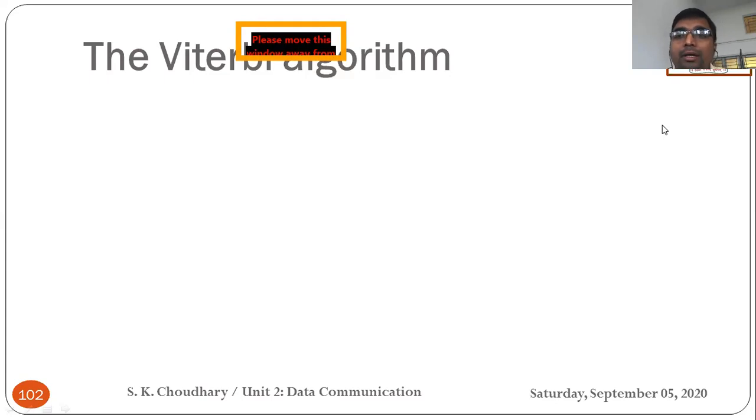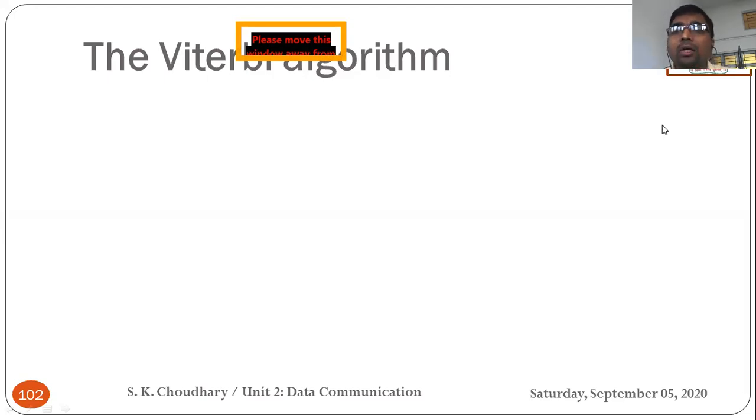Now we enter the decoding method, the decoding of convolutional coding. There are various different approaches to decoding convolutional codes, like sequential decoding, where we follow the Fano algorithm. Another one is the maximum likelihood decoding method, and for that we follow the Viterbi algorithm.